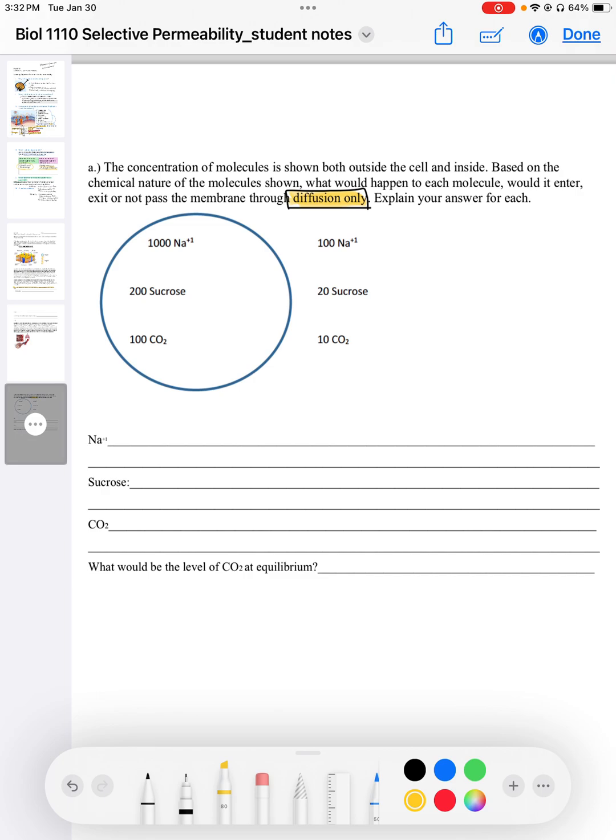Diffusion only. So the first thing you want to do is ask yourself, okay, here we have a sodium cation, so a sodium ion, and this is a charged molecule. Will it be able to just pass through the plasma membrane? In this case, the plasma membrane is represented by this blue line. So that's going to be the plasma membrane.